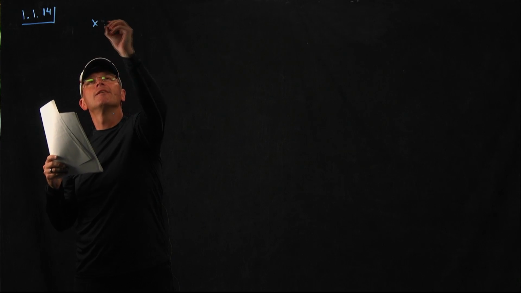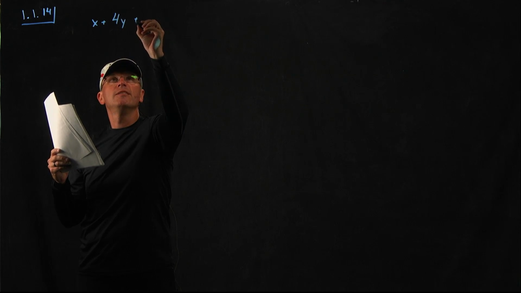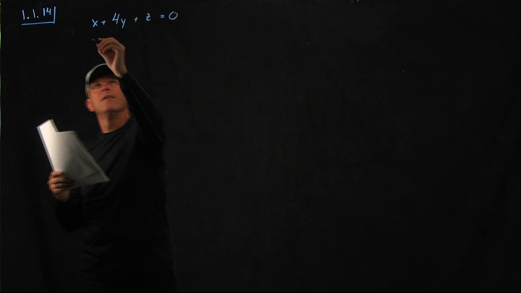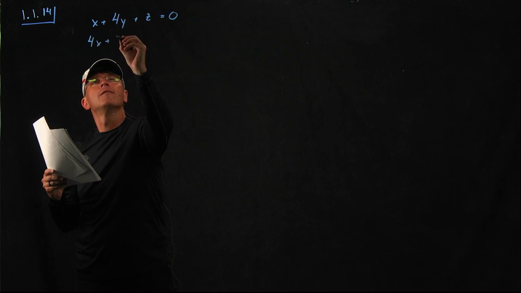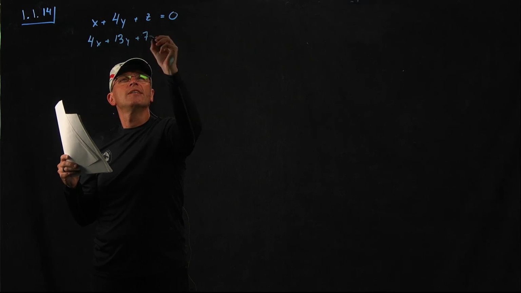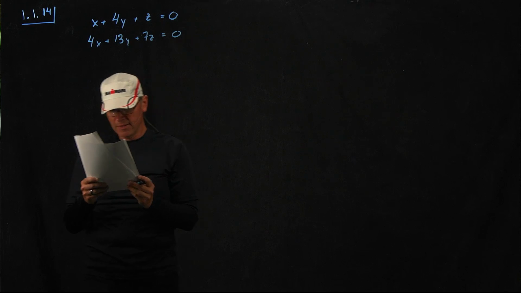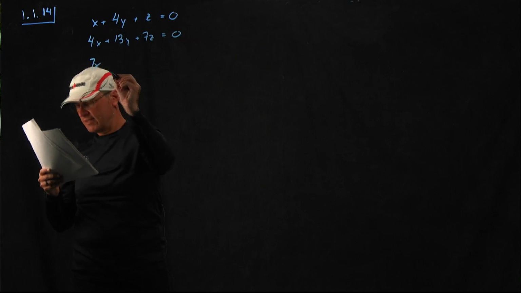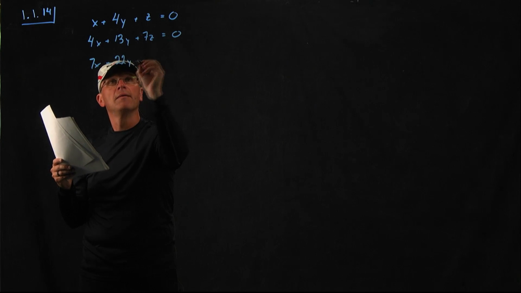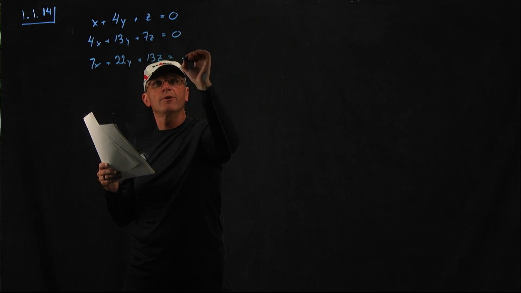So it's x plus 4y plus z equals to 0. 4x plus 13y plus 7z equals to 0. 7x plus 22y plus 13z equals to 1.